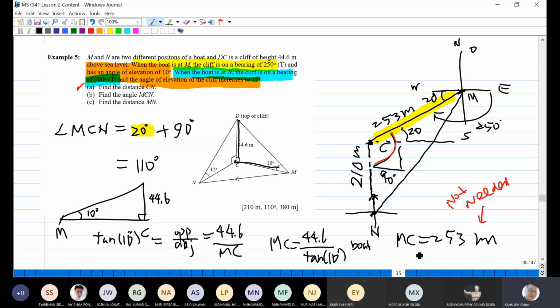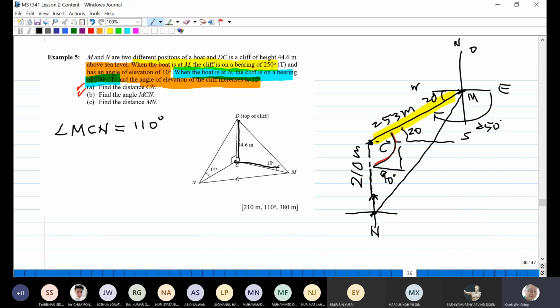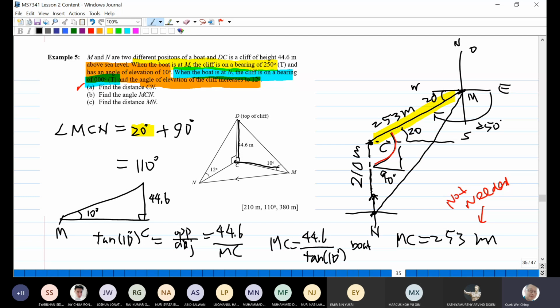Actually, no, it is not 20 degrees, so I don't have the information. So let me use the cosine law now.